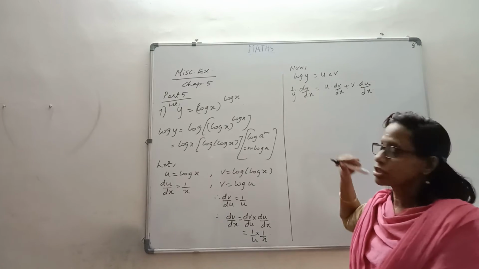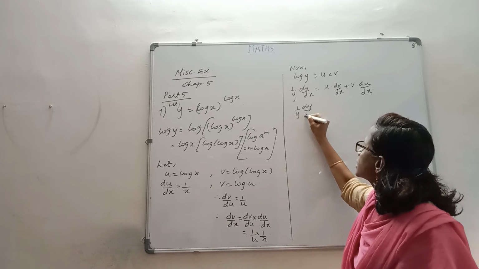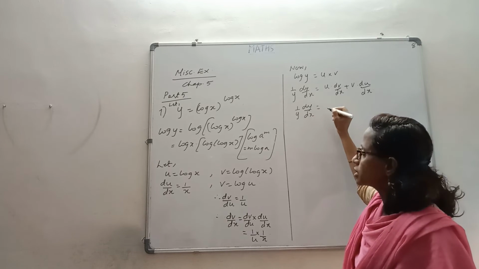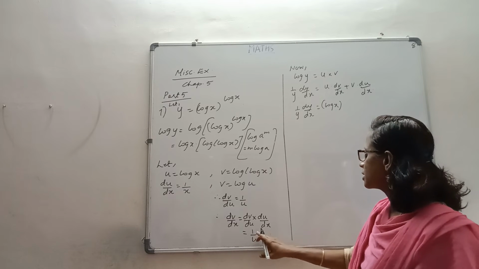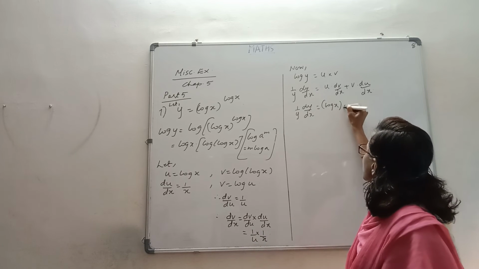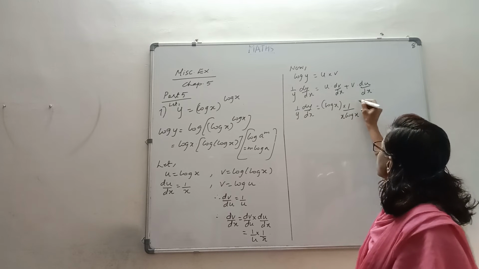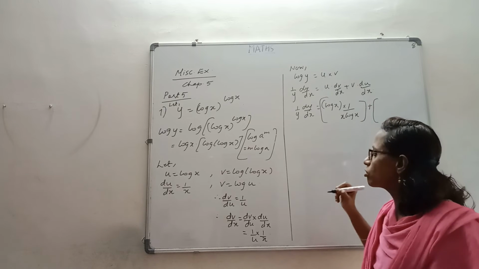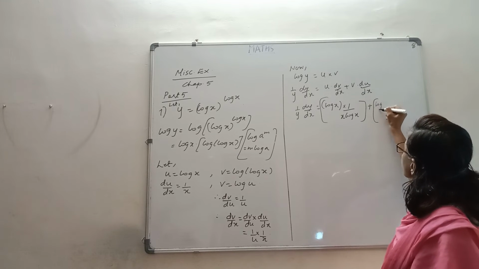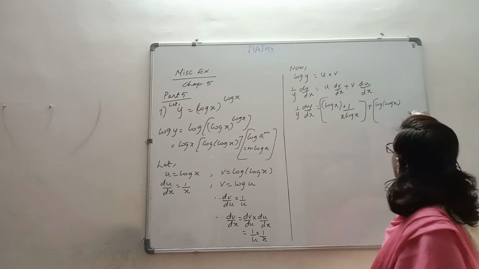Let's see how we can sort this out. 1 by y dy by dx can stay as it is, and u for us is actually log x, and dv by dx for us is 1 by u into 1 by x, where u means log x. So that's your first term. About the second term, we have v, which is log x, and then du by dx, which is 1 by x.